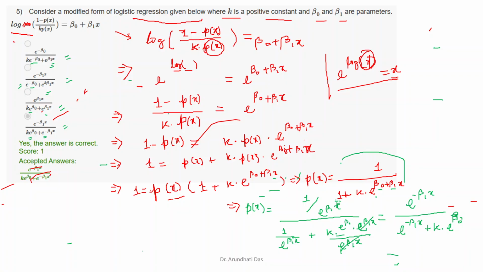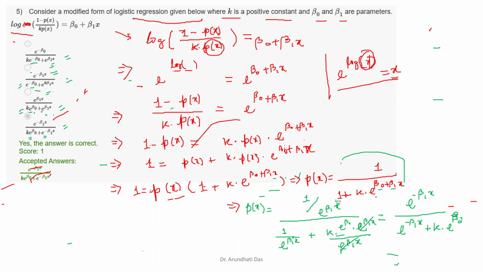If I now verify with my options, you see the first option has e to the power b1x, and in the denominator also e to the power b1, with the k term I am having e to the power b naught.